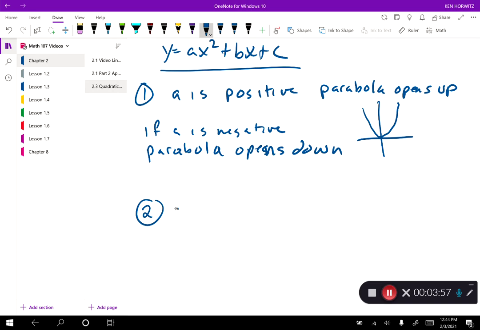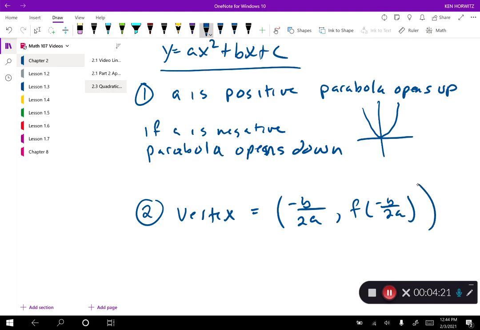So your vertex is negative b over 2a, and the y coordinate is you take that number and you plug it into your function. So there's your vertex, and we'll talk about making the vertex when we hit an example.